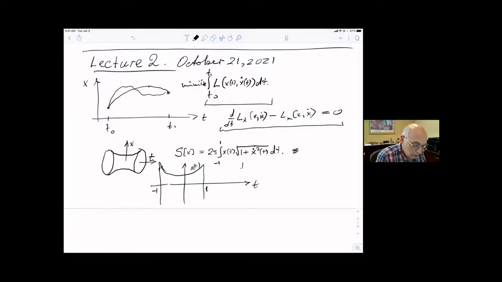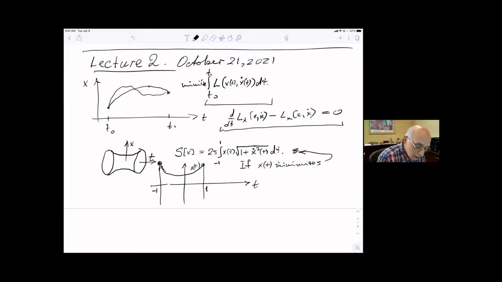So if x minimizes this integral, makes it smallest it can be, with these points fixed, the rings are given, right? So we're not changing them.